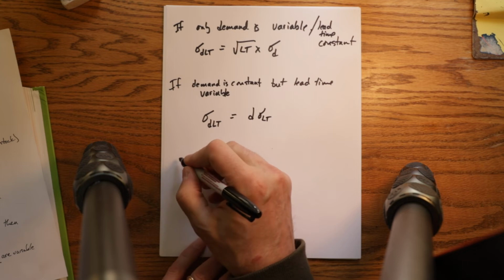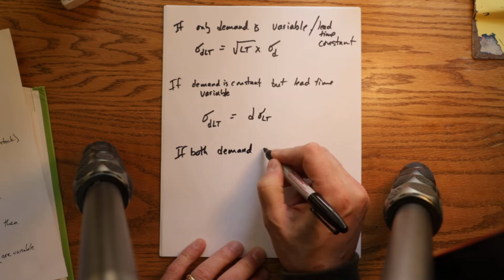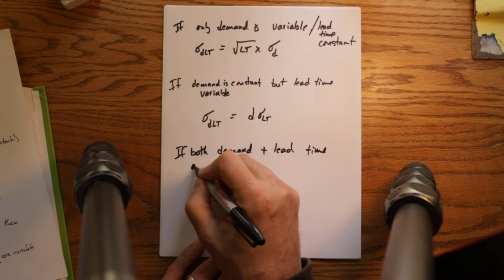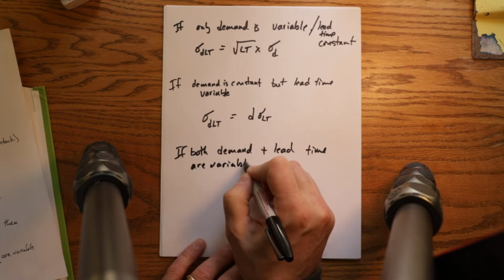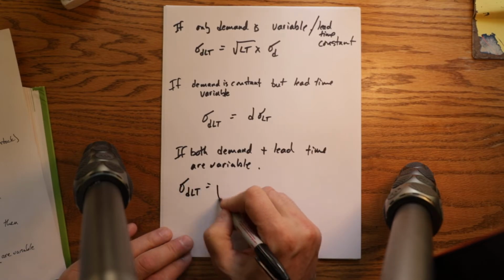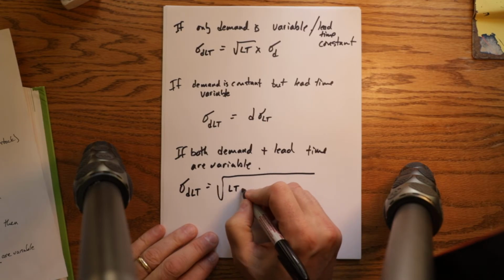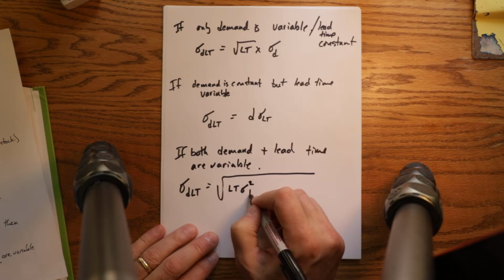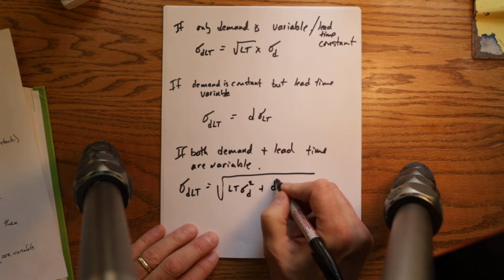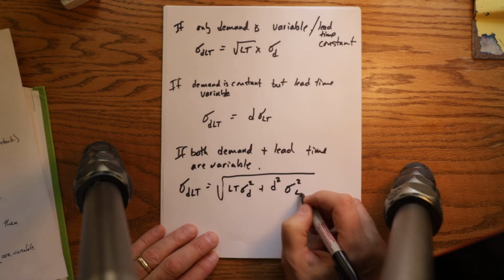And then the last case, if both demand and lead time are variable, standard deviation of demand over lead time is equal to the square root, excuse me, of lead time times the variance of demand plus demand squared times the variance of lead time.